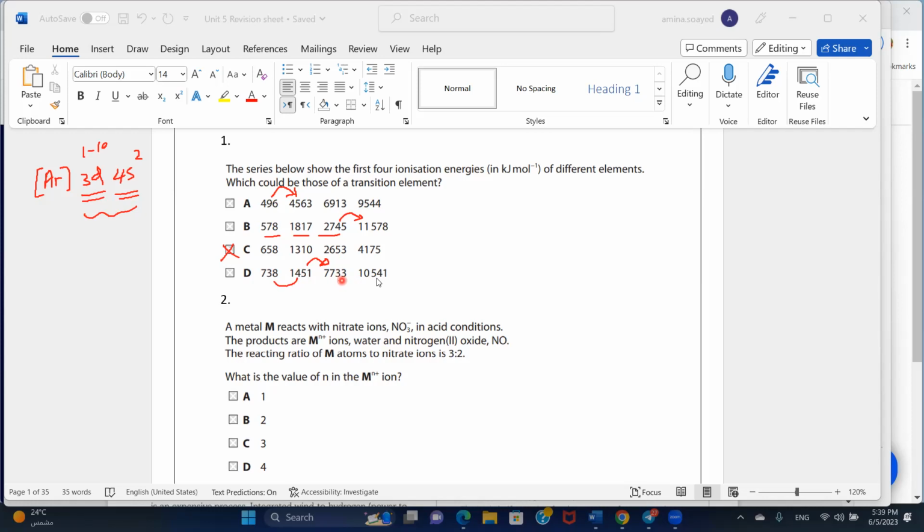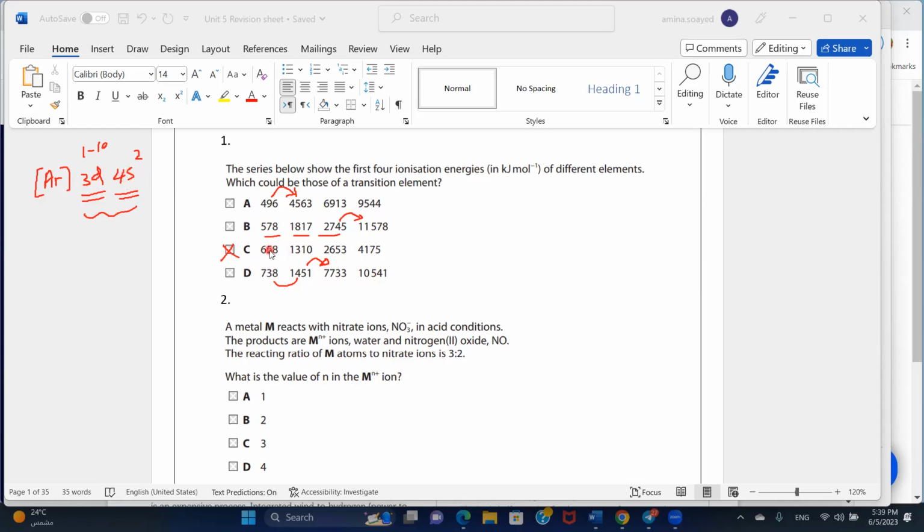Between this and this, there is only 3,000, but between this and this, there is about 6,300 kilojoules. So this is a jump. And we said that in the case of transition metals, we do not have jumps between the energies. They are going to increase, as we said, but not by big jumps.